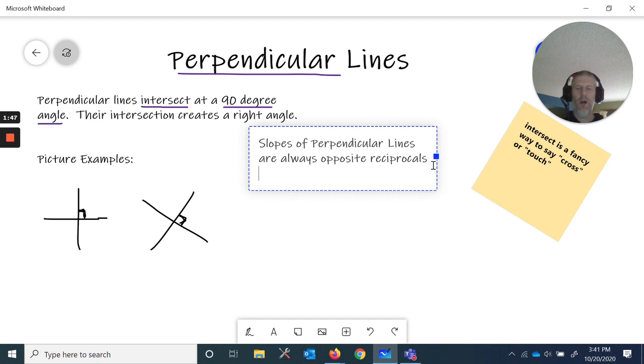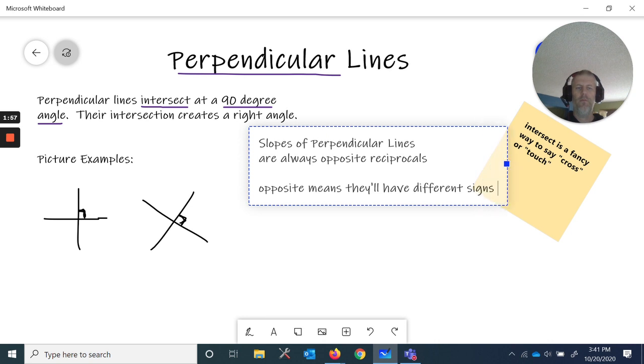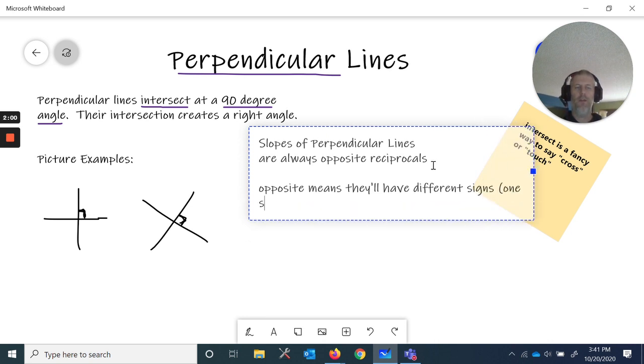So if they are opposite, that means they'll have different signs, meaning one slope is positive and one slope is negative.